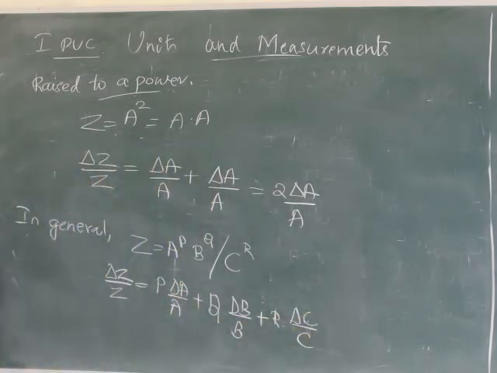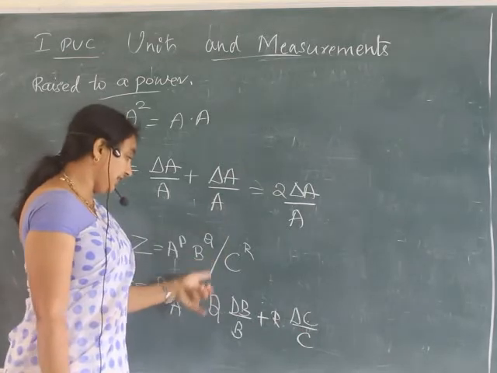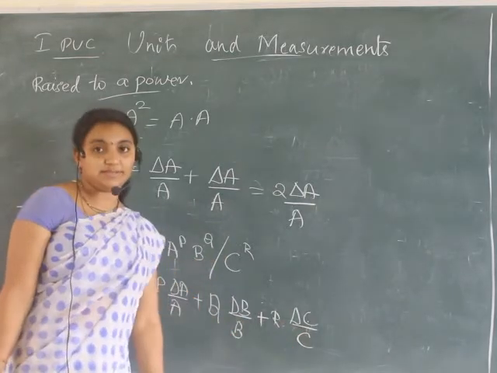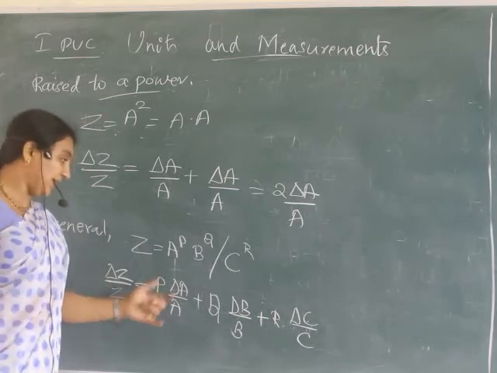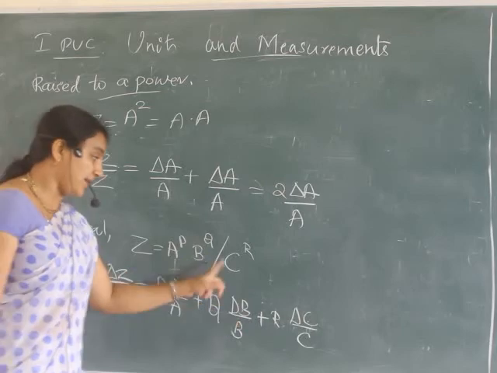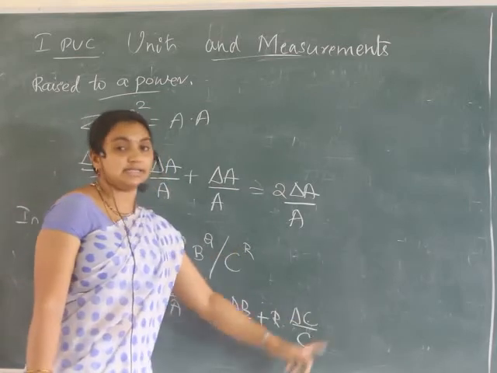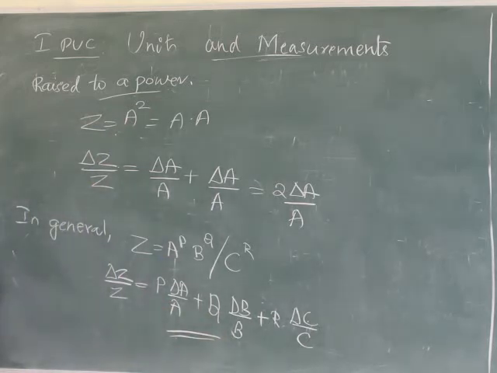Because in multiplication and division, it is one and the same. We said rule number 2. So here division also should be plus. So generally we can write delta Z by Z equal to P delta A by A plus Q delta B by B plus R delta C by C. This is the solution. Understood? If there is a power.